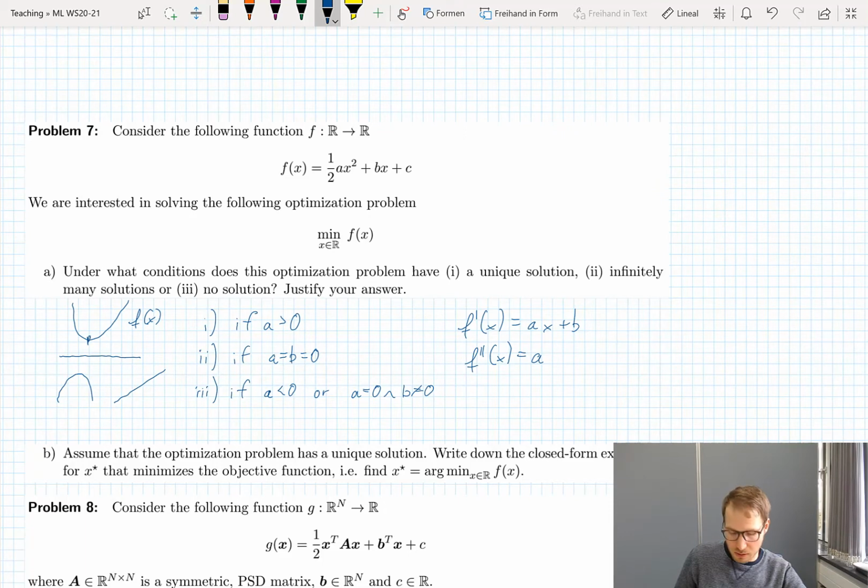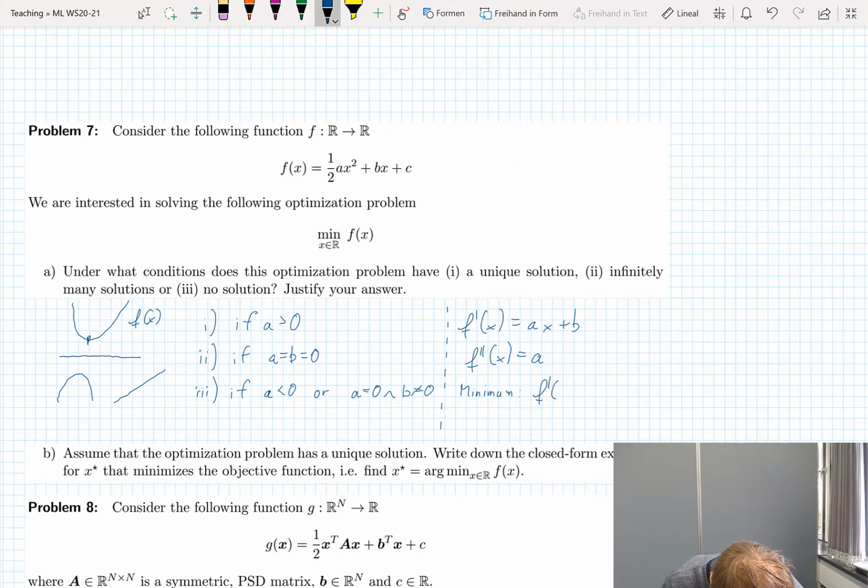So when do we have a minimum? So let's separate this a little. So we have a minimum. This is completely general, right? This might not be a global minimum, but it is a minimum.